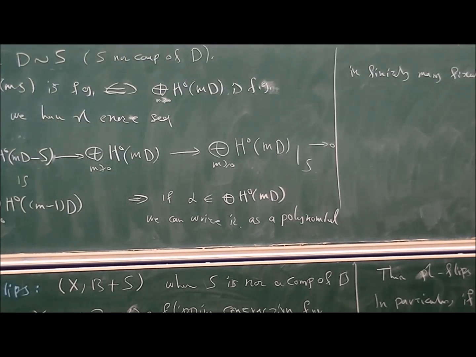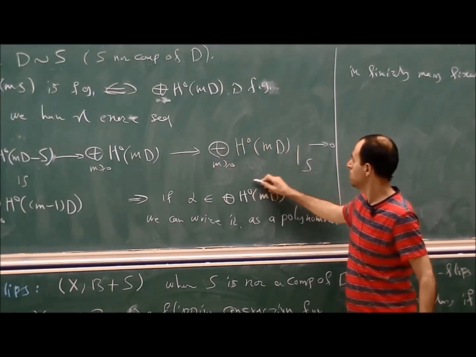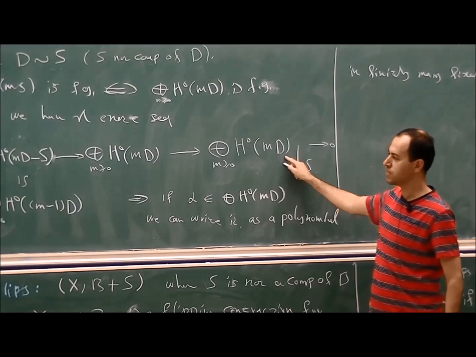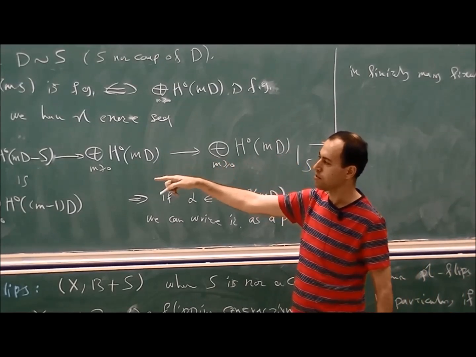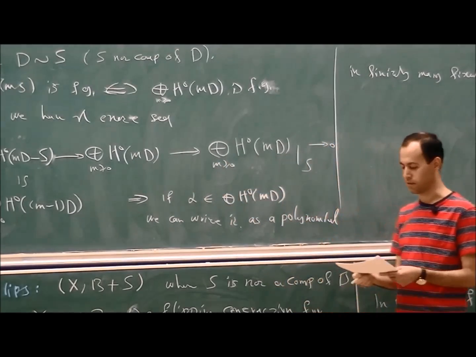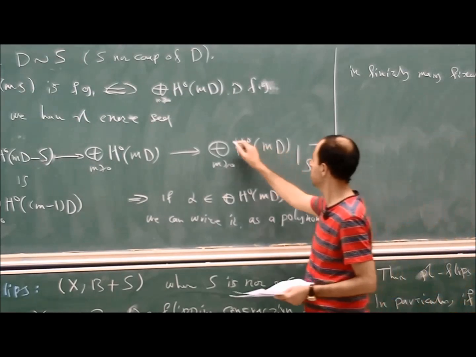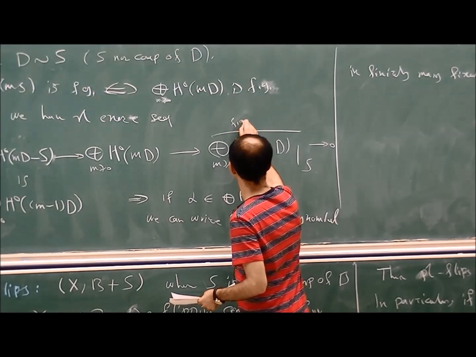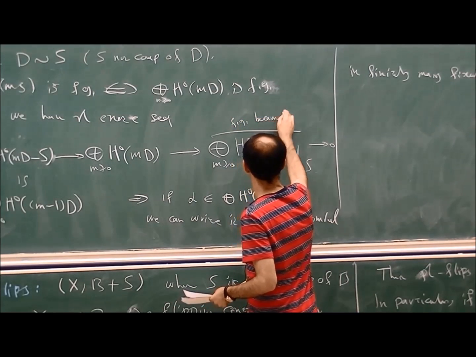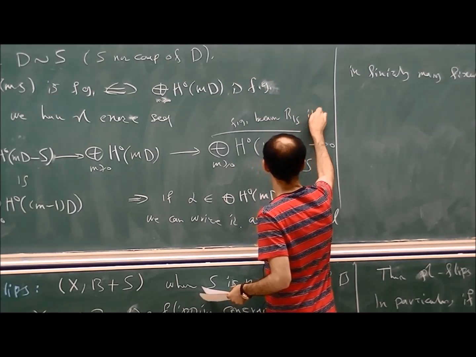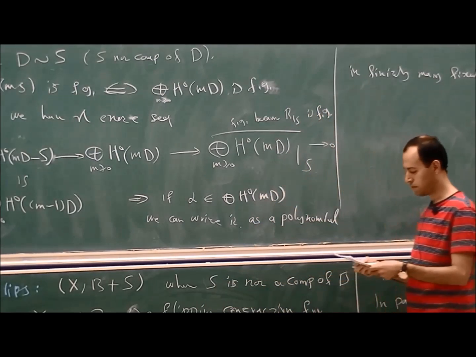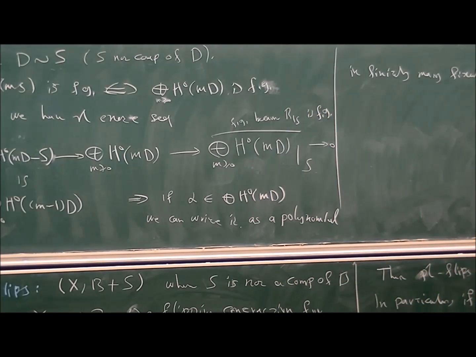Okay, anyway, these are quite simple and elementary. So this guy is finitely generated. Of course, here we are talking about the algebra of D, but this is equivalent to finite generation of R restricted to S. So these are all actually very elementary, but I won't go too much into the details.